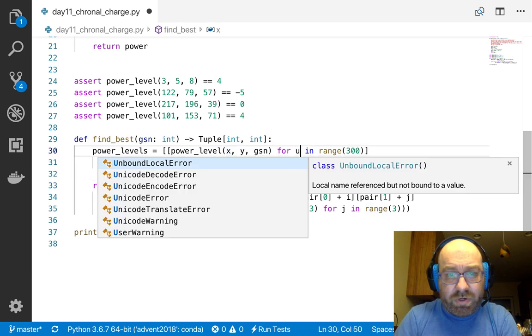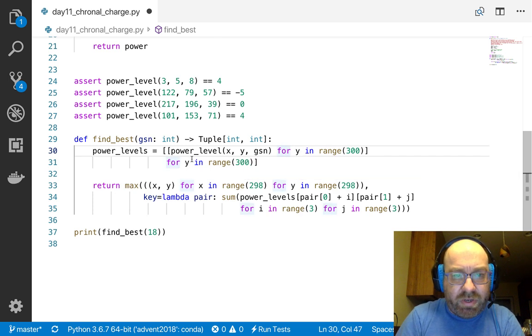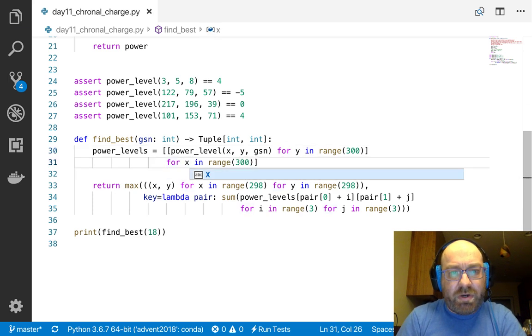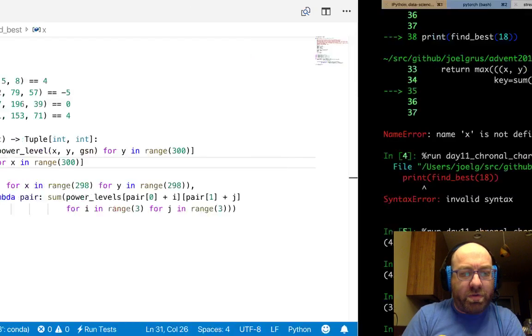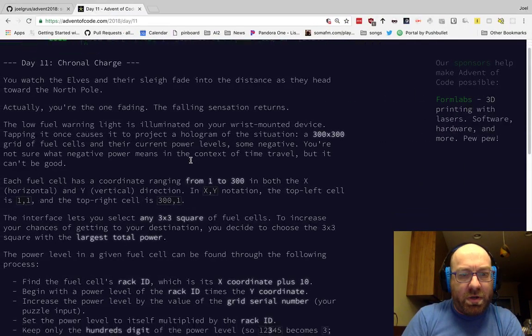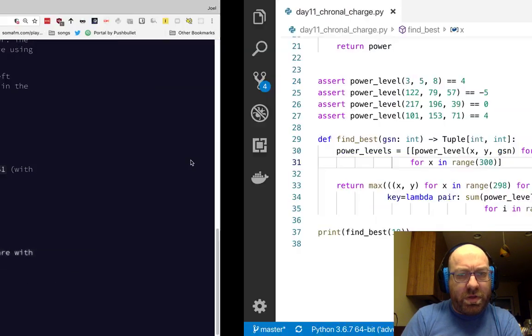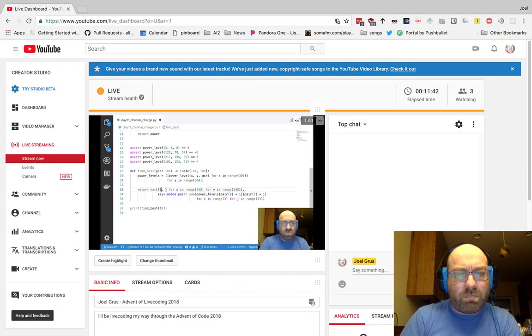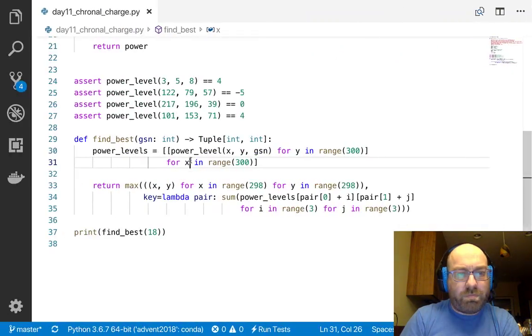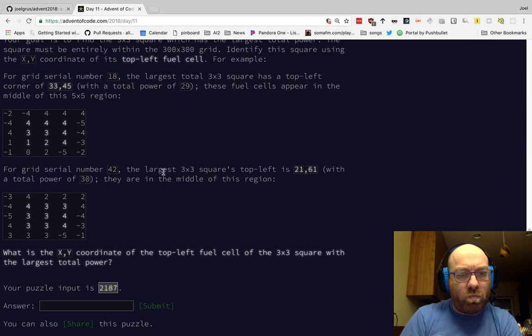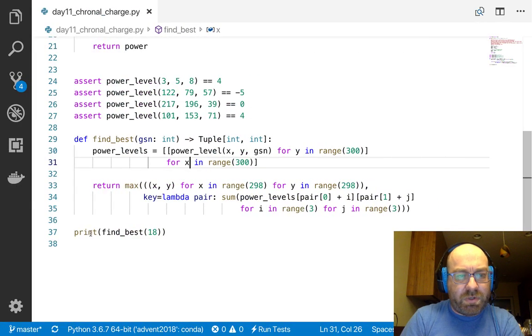So I need to do for y in range 300 and for x in range 300 down here. And now let me run it. 3345. Okay, that's good. And for 42, so let me just turn that into assert.